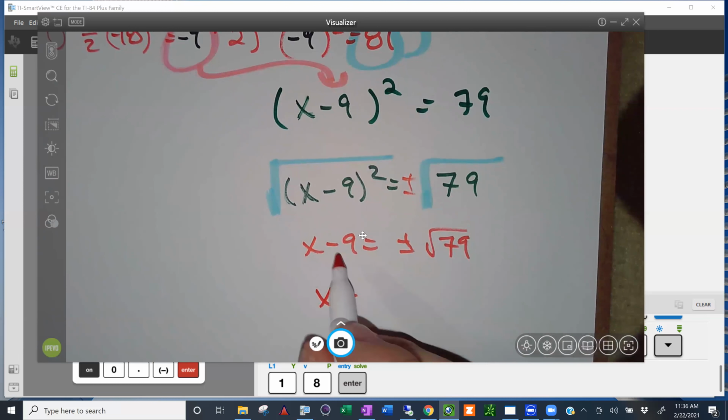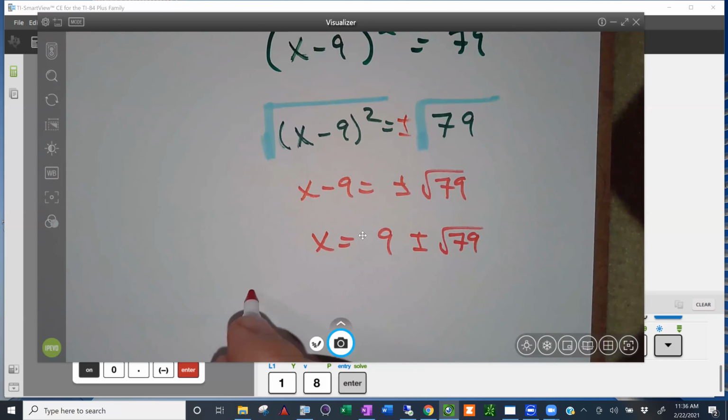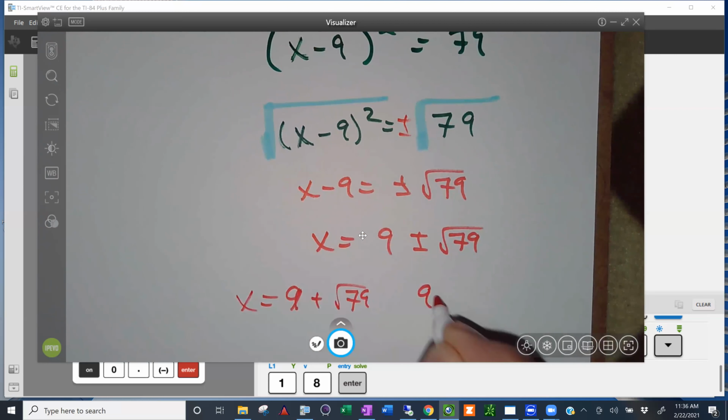If you move the 9 to the other side, it's going to change signs. So I'll end up with 9 plus or minus the square root of 79. So you get two solutions. You might be asked to write them out as 9 plus the square root of 79 and 9 minus the square root of 79. But there's your two solutions.